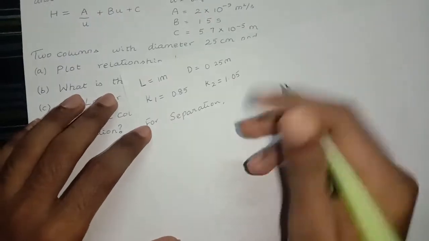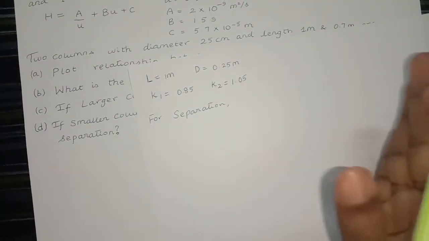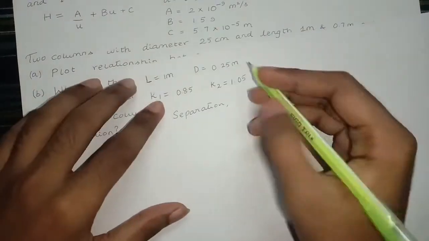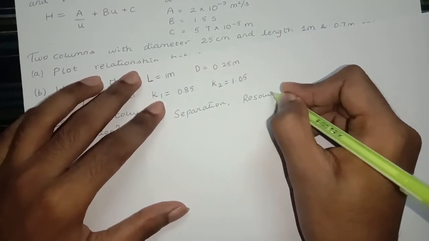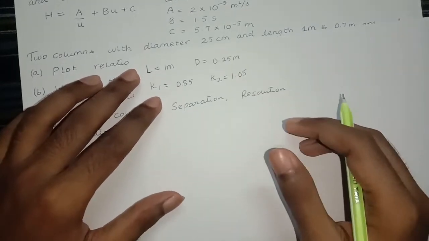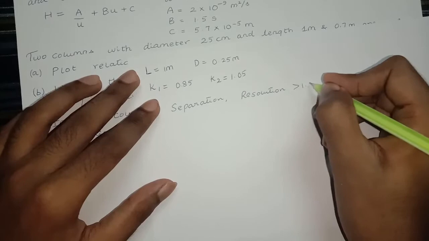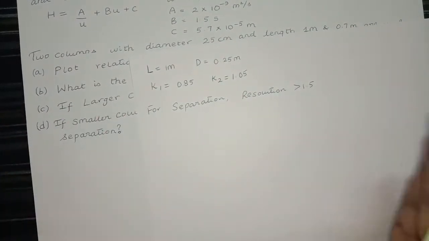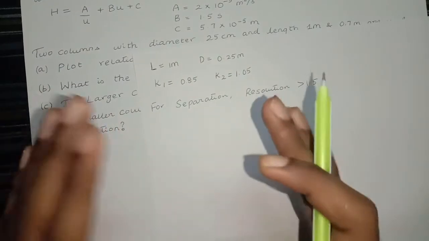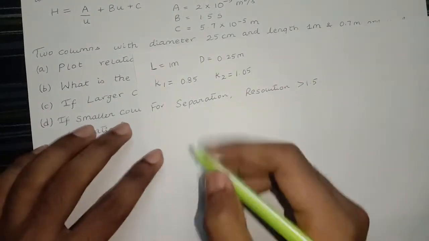In order to separate two entities as two distinct entities, we need to resolve them. If the resolution is greater than 1.5, then we can see those two entities as distinct. We can completely resolve them.